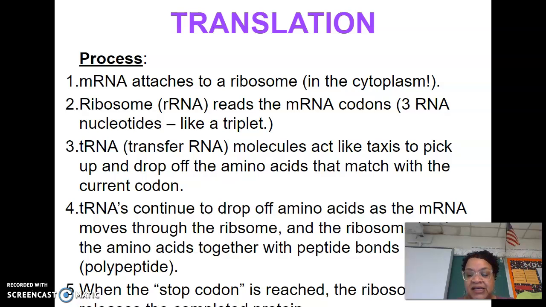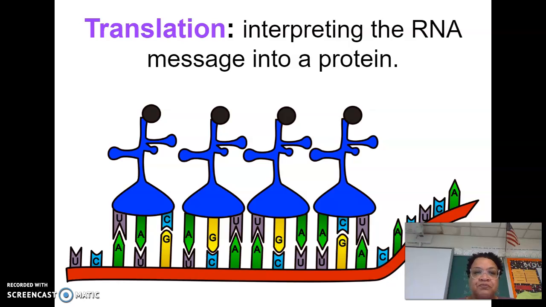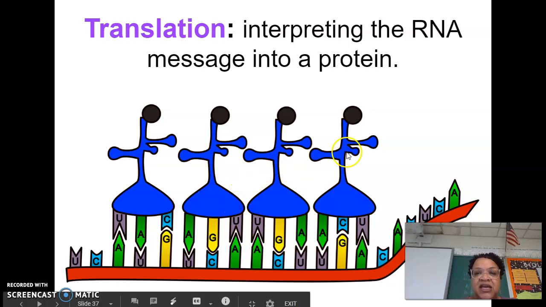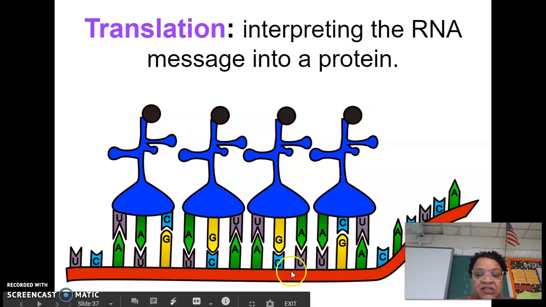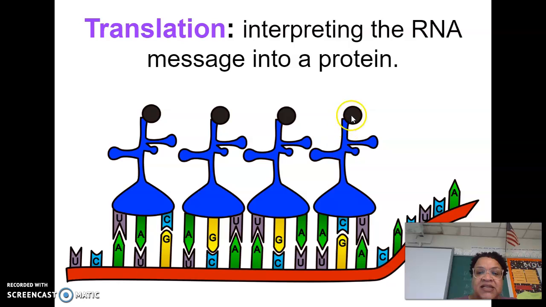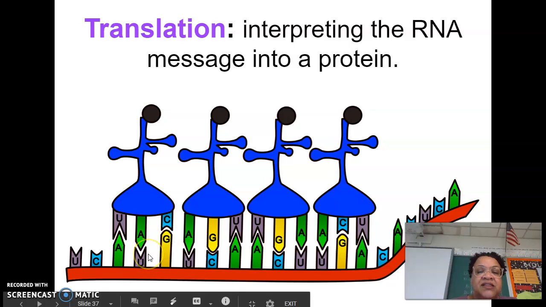That means the process is done. So translation, again, is interpreting the RNA message into a protein. Notice how the red is the messenger RNA. This is the tRNA. It is carrying the amino acids and is bonded to the base pairs, A to U, U to A, C to G, and G to C.